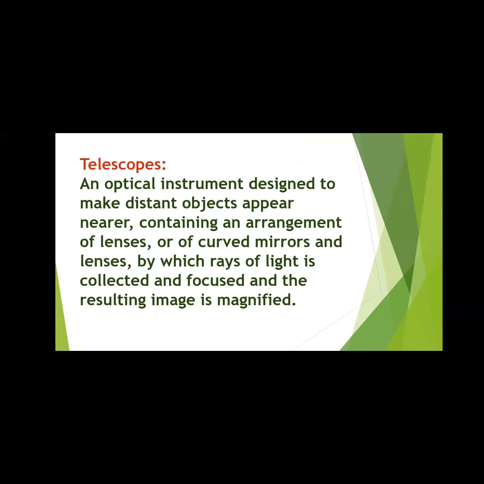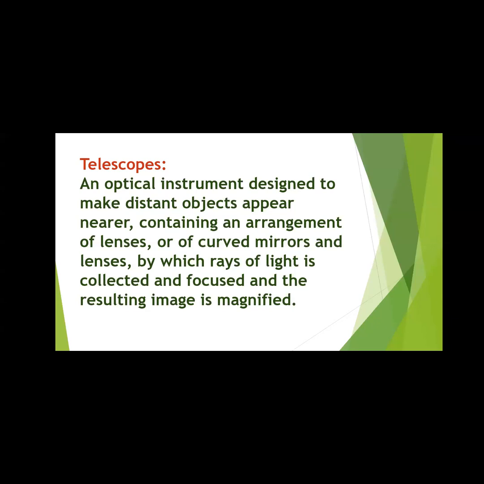In the previous days, there was no equipment to get a closer view. After that, there were some scientists who tried to see far objects. The instrument we use to watch the sky is called a telescope. Let us see what a telescope is.